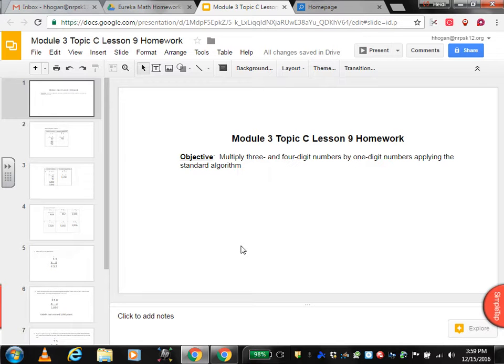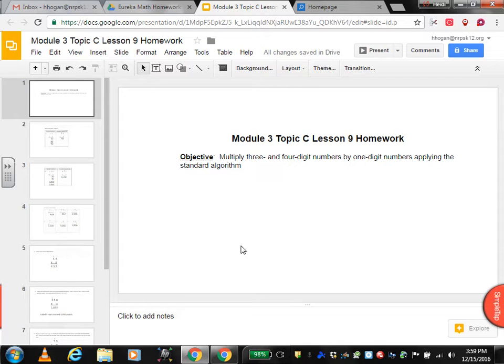Module 3, Topic C, Lesson 9 homework. The objective is to multiply 3 and 4-digit numbers by 1-digit numbers using the standard algorithm. I know that today you were so excited to learn the standard algorithm, or what some of us call old school.